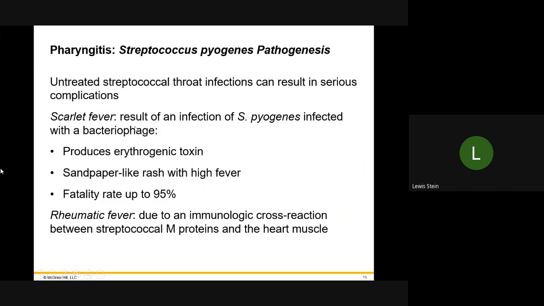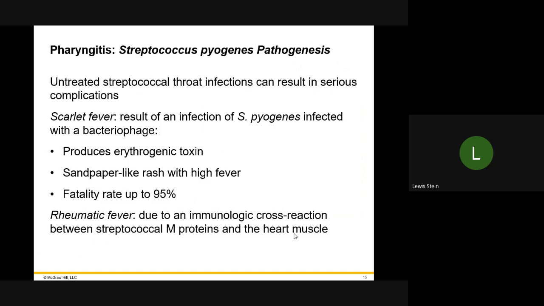There's a limited number of strains that cause problems. One makes erythrogenic toxin, because it makes your skin look red. Scarlet fever: sandpaper rash with high fever, extremely high fatality rates. And then the immunologic aspect, you're going to learn about rheumatic fever, an immunologic cross reaction between certain proteins, and not just the heart, but the lining of the heart, the heart valves, and the linings of joints.